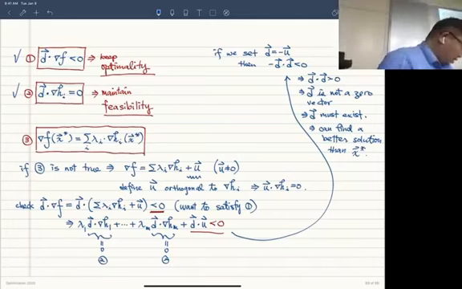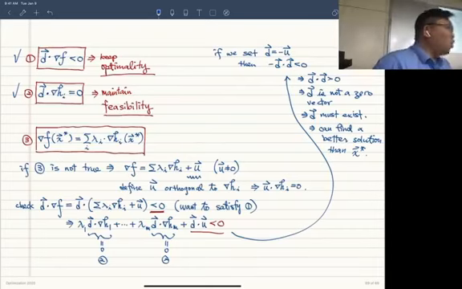So that means your x star is not x star. That actually breaks the entire hypothesis, because the hypothesis is that equation 3 is not true.